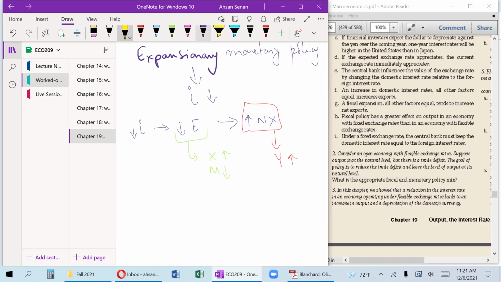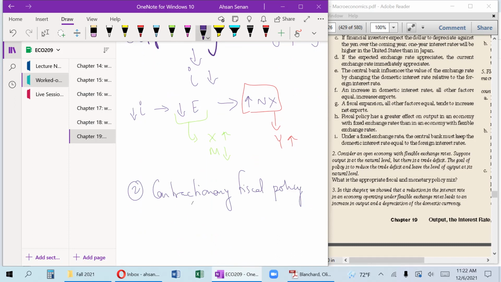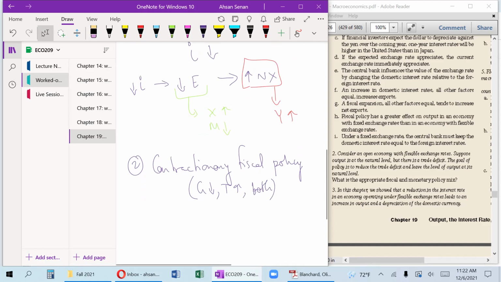So the first thing we do is an expansionary monetary policy, and along with that, we are also going to do a contractionary fiscal policy. When we do a contractionary fiscal policy, which may come through a fall in G, a rise in T, or both, you guys know that Y will fall.